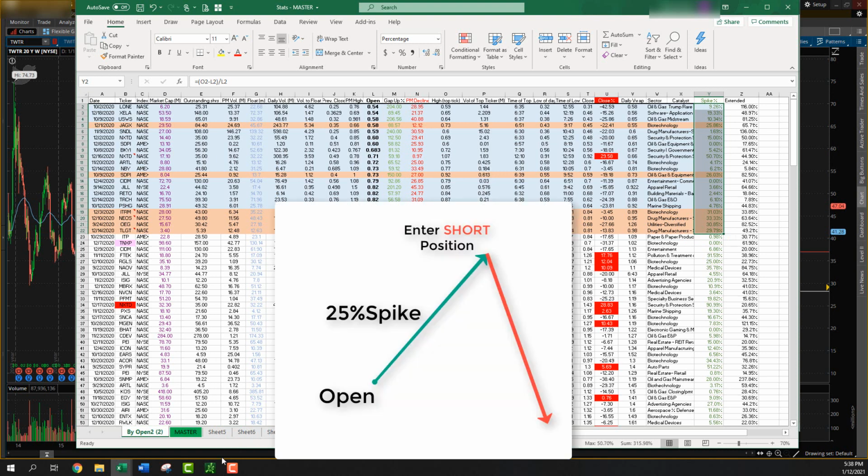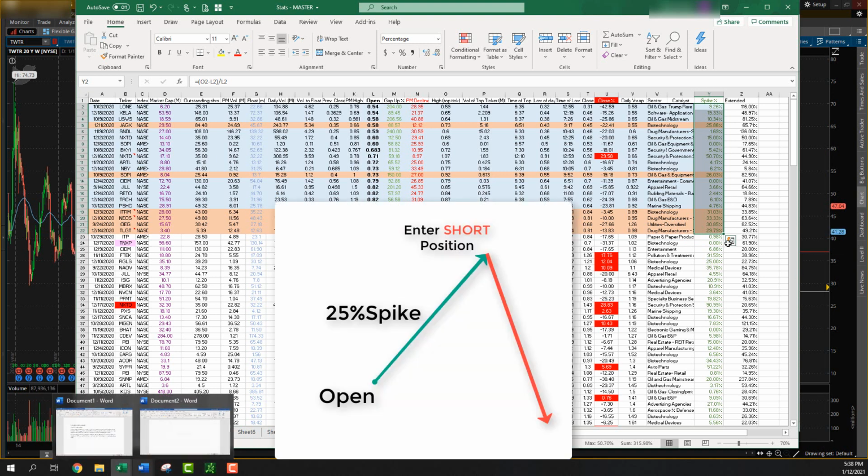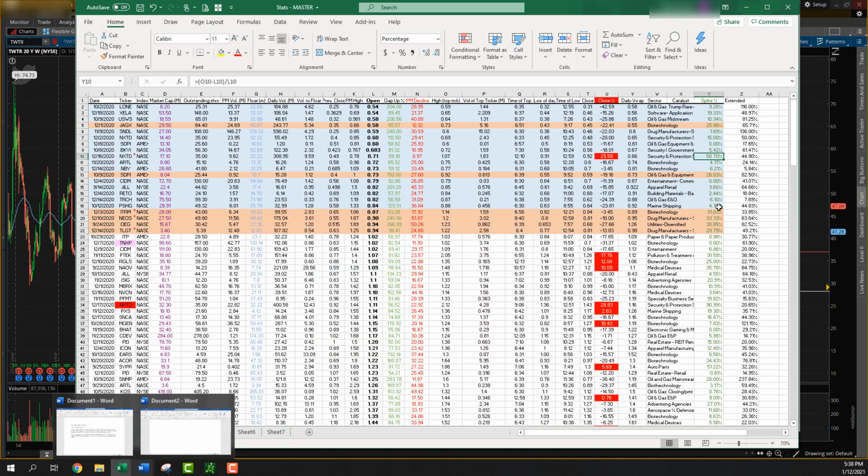If you look at the data, it's pretty clear. Most of the time it only spikes to 25% to 33%. If you enter at 25% and you let it run up to 35, you only risk 10%. The majority of the time you will win.